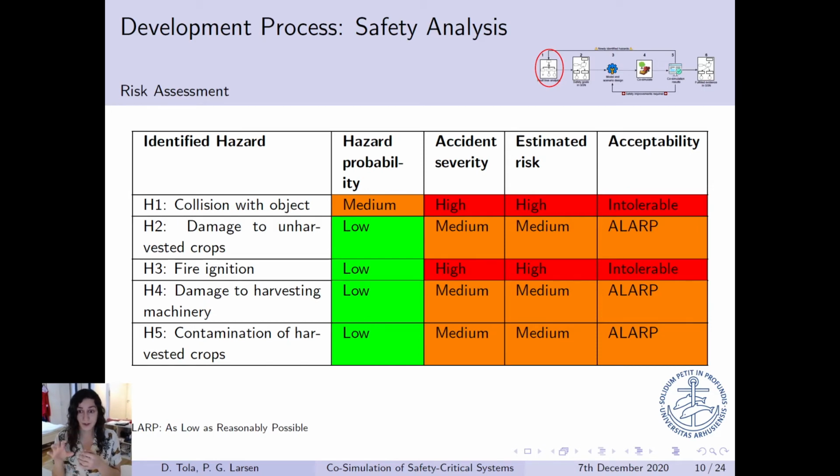But as you can see, we have defined hazard 1 and hazard 3 as their acceptability is intolerable, and therefore we choose in this paper just to focus on these two hazards from now on. And as you can see, ALARP stands for as low as reasonably possible.